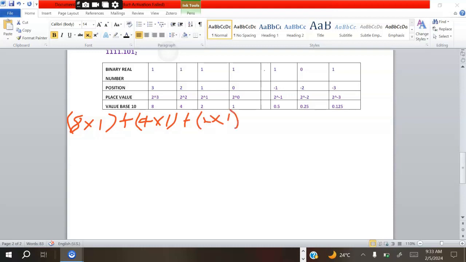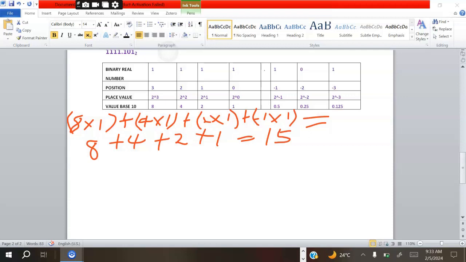So I'm trying to multiply the value and the binary related number plus 1 multiplied by 1. Then this is the integral part. This is 8 plus 4 plus 2 plus 1, which is giving us 15.